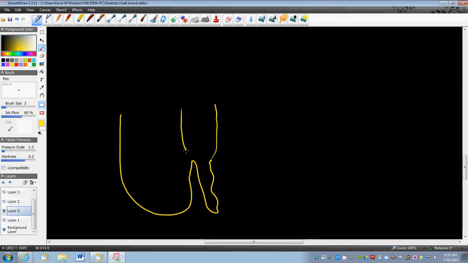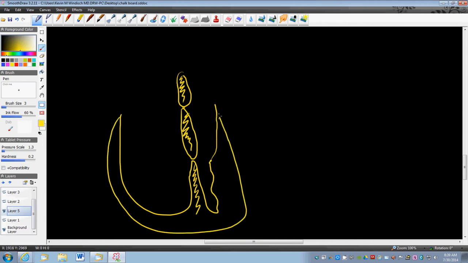You still have your muscular septum, and you still have your atrial septum. And then you have your muscular ventricular wall down here.